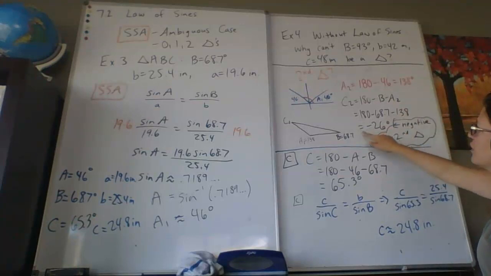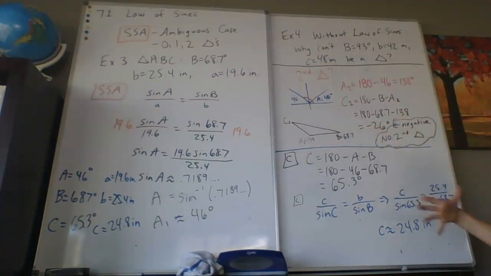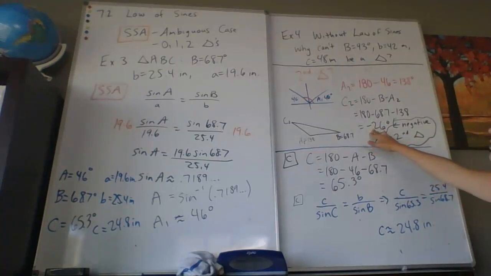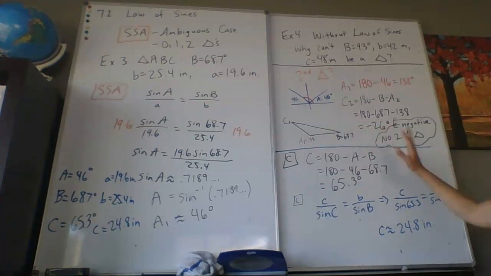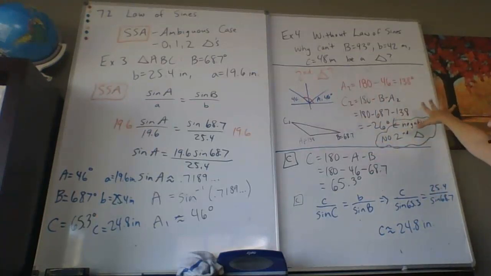If that third angle gives us a positive, like it did in example 2, then we know we get that second triangle. But if we get a negative, which most of the time we will, then we will bag this second triangle and just worry about the first triangle. And make sure to solve that first triangle in its entirety.